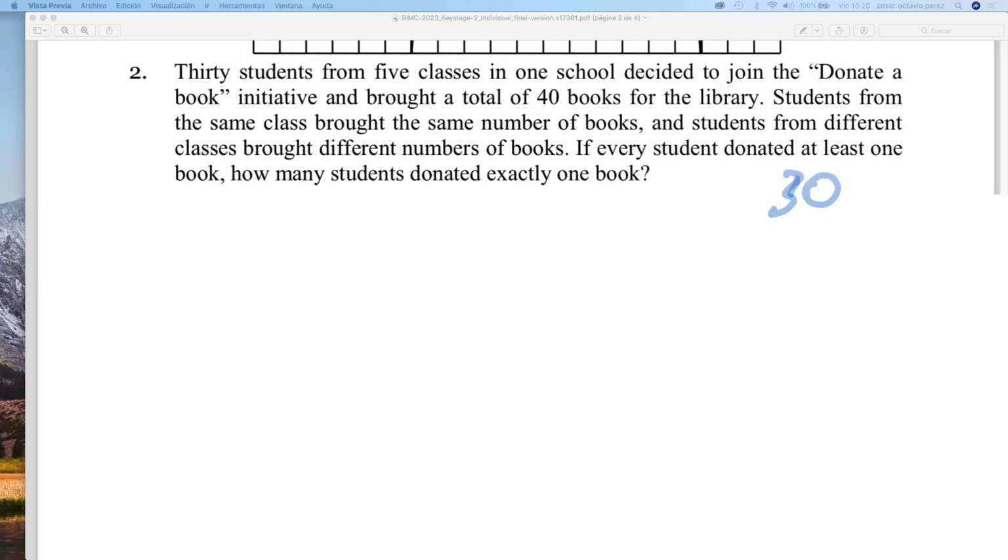We have 30 students from 5 classes in one school who decided to join a book donation initiative and brought a total of 40 books. If 30 students each donate one book, we have 30 books donated, but we need 40. So it cannot be 30.